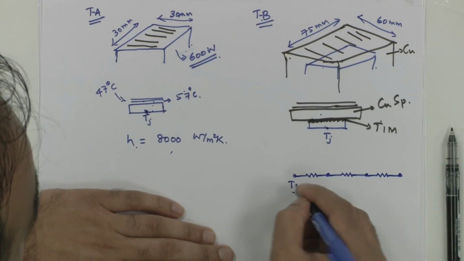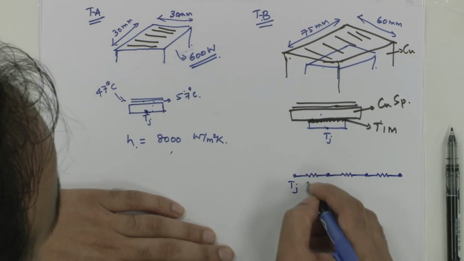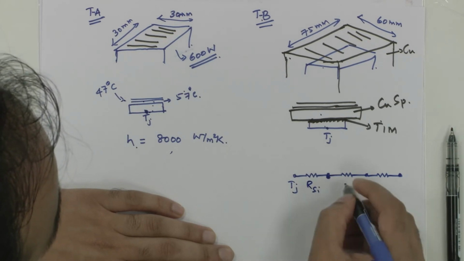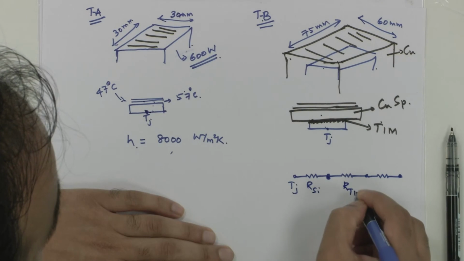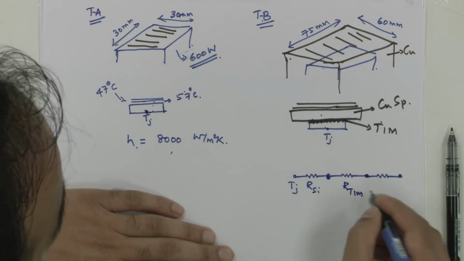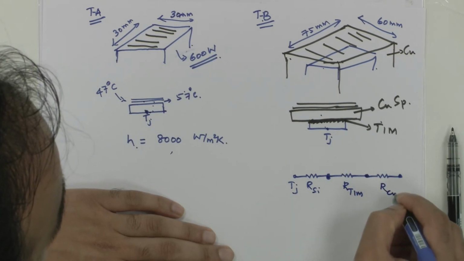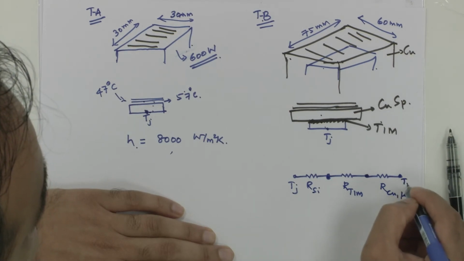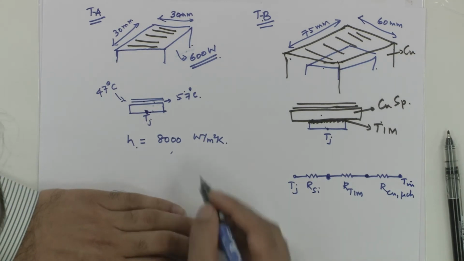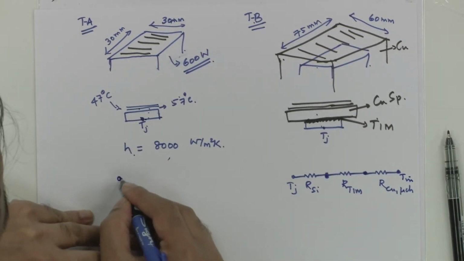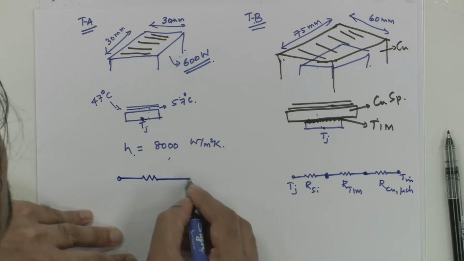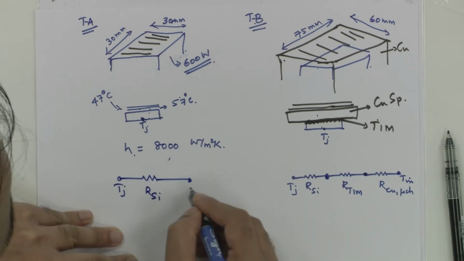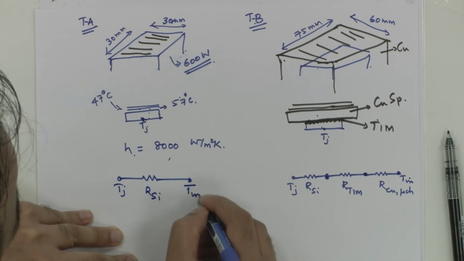T junction, this is R silicon, this is R TIM, and this is R copper microchannel. Here the resistance network is very simple: T junction, R silicon, and T in.